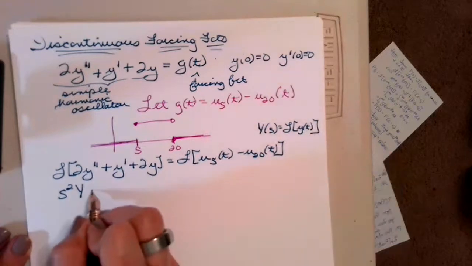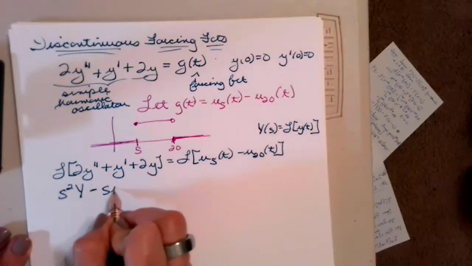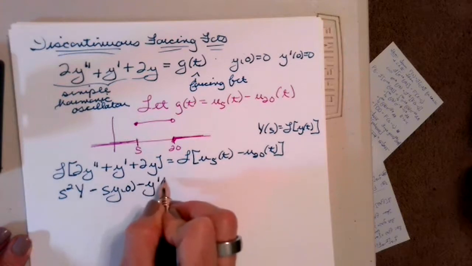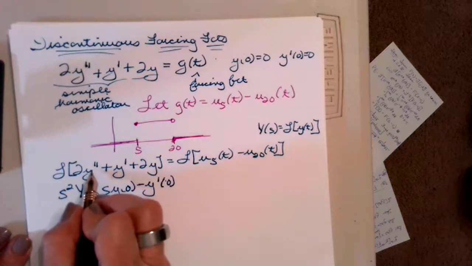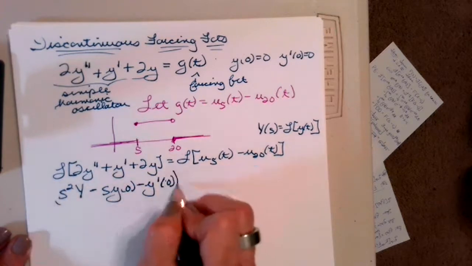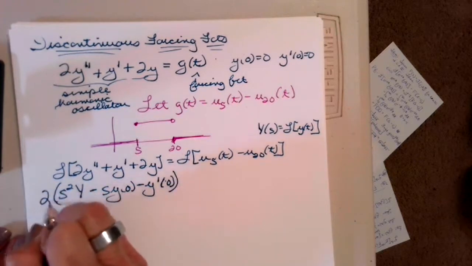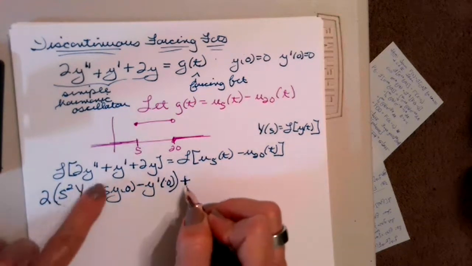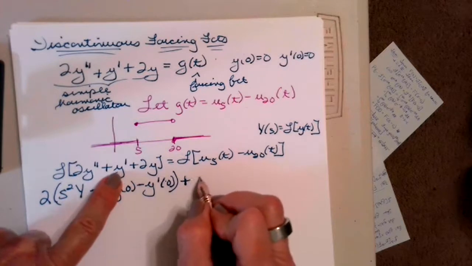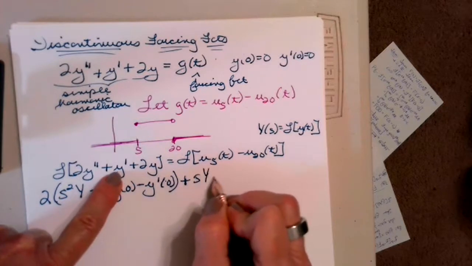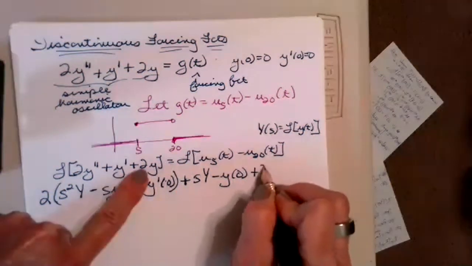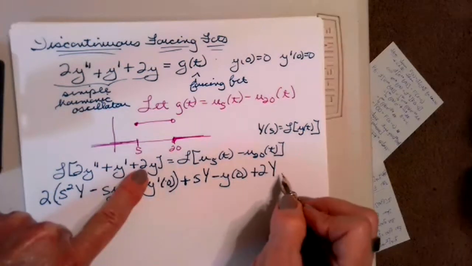And then you will get minus s y of 0 minus y prime at 0. So that's the Laplace transform of the second derivative, but all that gets multiplied by 2. And then I have plus the Laplace transform of y prime, which will be s capital Y minus y of 0. And then here I'll have 2 times capital Y.